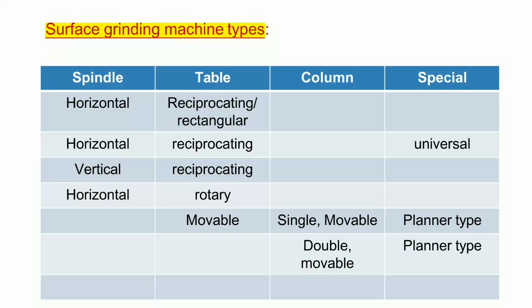Surface grinding machines are divided into the following types: machines with a horizontal spindle and a reciprocating or rectangular compound table, universal machines with a horizontal spindle and a reciprocating table, vertical spindle reciprocating table machines, horizontal spindle rotary table machines, single column planar type machines with a movable table and a movable column, double column planar type machines, double side face grinding machines with a horizontal spindle, and double side face grinders with a vertical spindle.